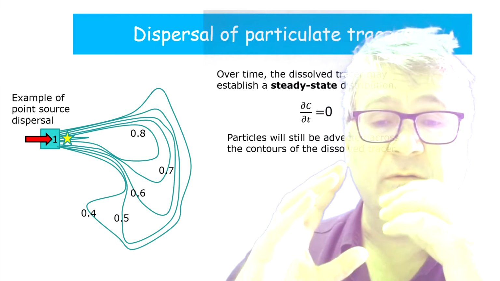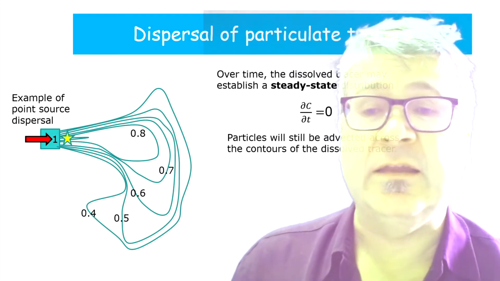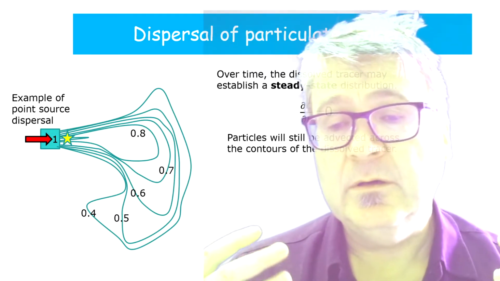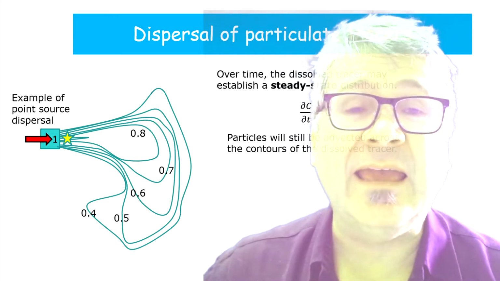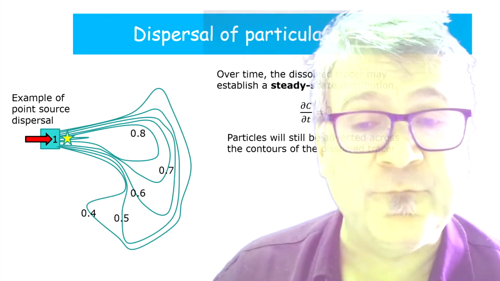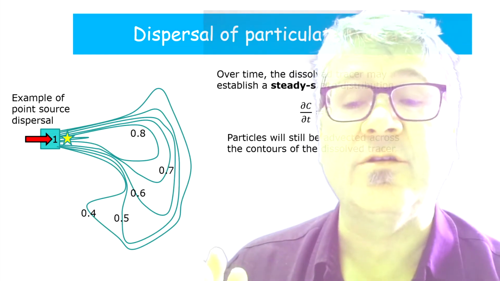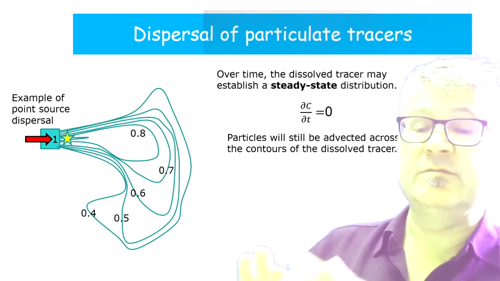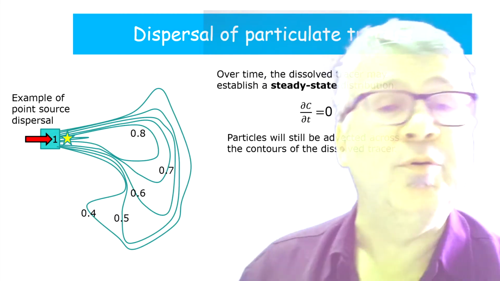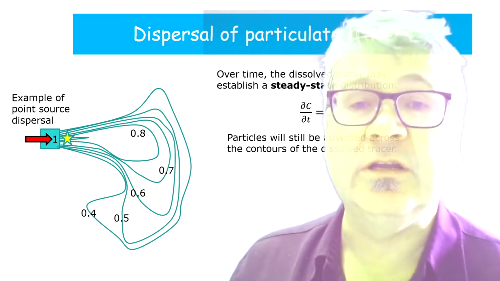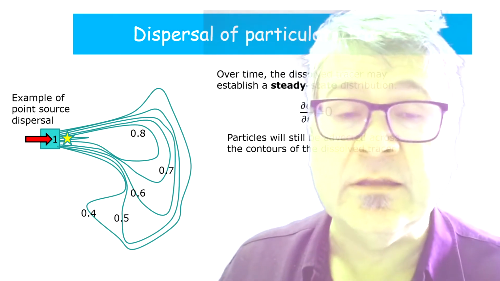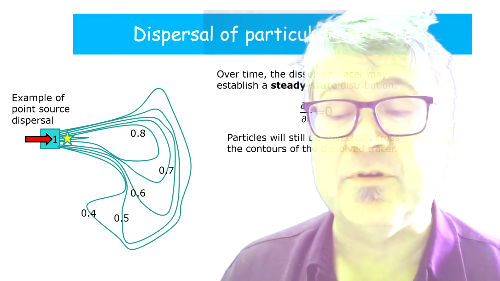And because you have advection and diffusion operating at the same time, you tend to get what we call steady state, a field that no longer changes. So just imagine that this one is still, although there is an input of water at the source, you virtually don't see any changes in the distribution of the temperature.